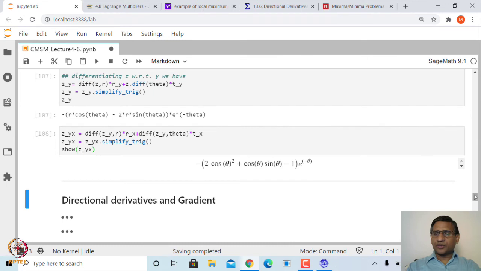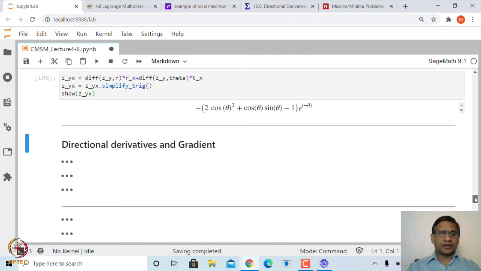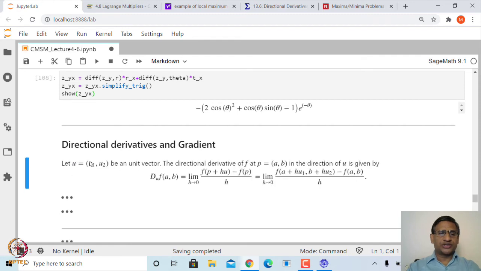Now let us define the meaning of directional derivative and gradient. So if you have a function z equal to f(x,y), and suppose you take a unit vector u = (u1, u2), then the directional derivative of f at a point (a, b), which we call the point p, in the direction of u is given by the limit of f of p plus hu minus f of p divided by h.